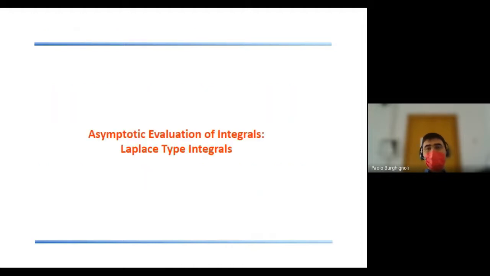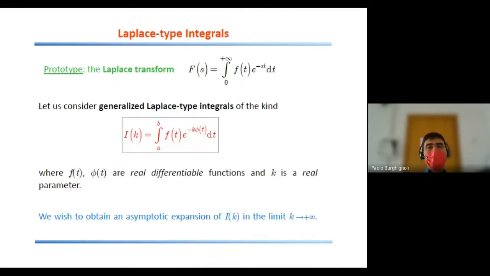And the first kind of integrals we will consider is an important class of integrals known as Laplace type integrals. The name of this class of integrals comes from the standard Laplace transform.